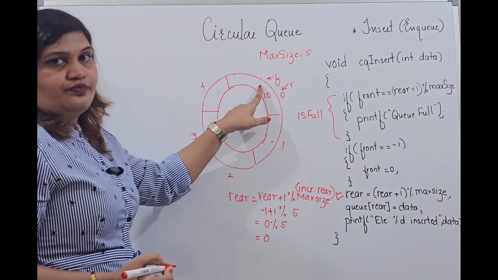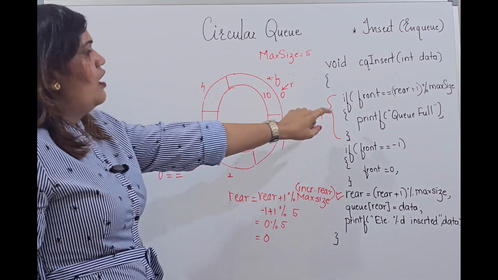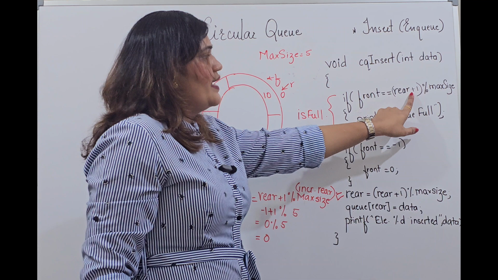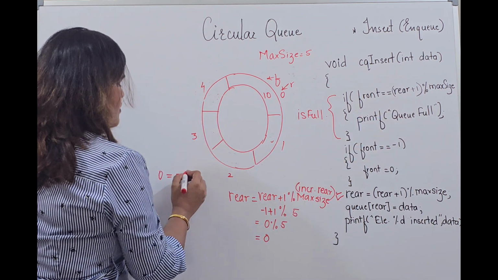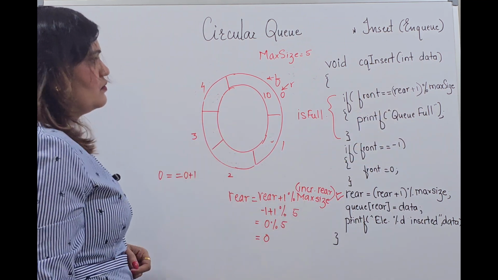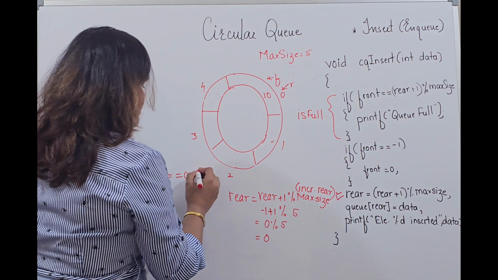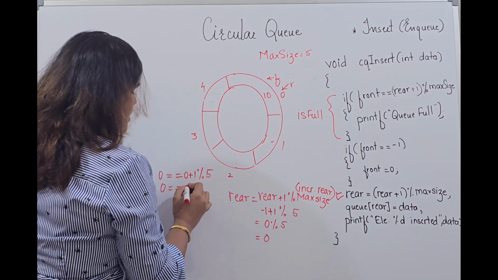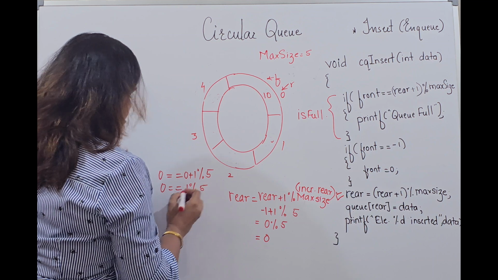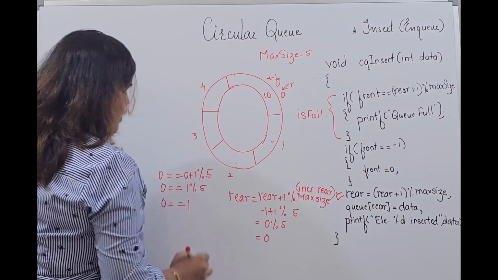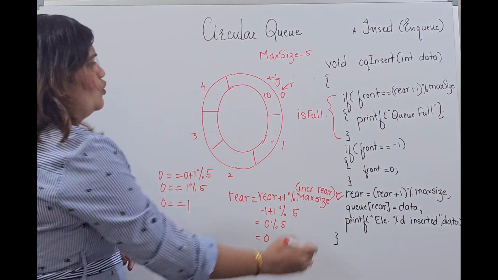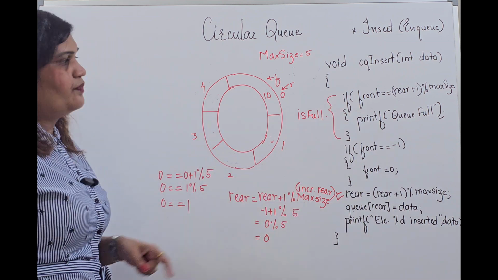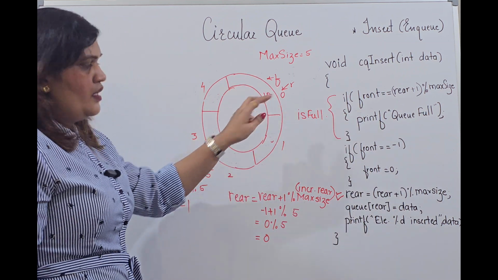Front equal to rear plus 1 mod of max size: 0 plus 1 is 1 mod of 5, that is 1. Is 0 equal to 1? No. So this condition is false. That means there is space.